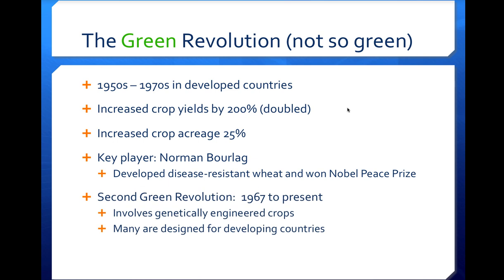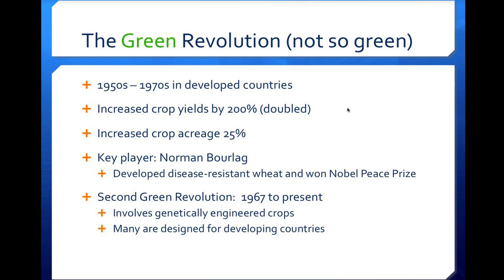Now, we've had a second green revolution lately that has lasted from 1967 to the present. This involves using more genetically engineered crops, many of which are designed for developing countries. These would be things like dwarf wheat or dwarf corn. They're crops that grow a much shorter stalk, and they're very sturdy, so they can stand up to a lot of wind.